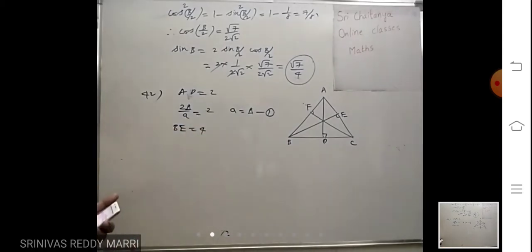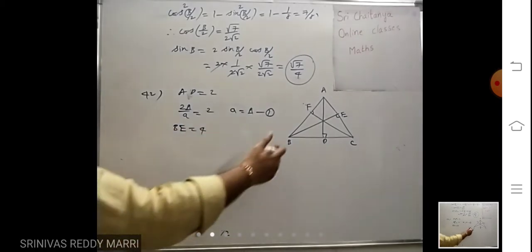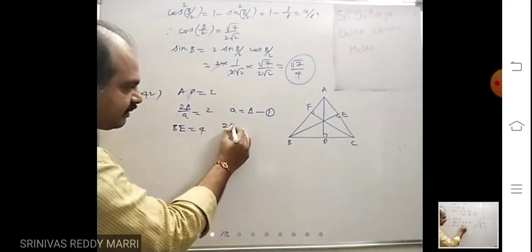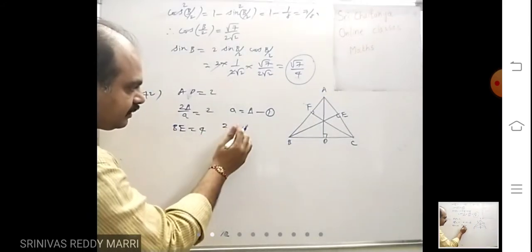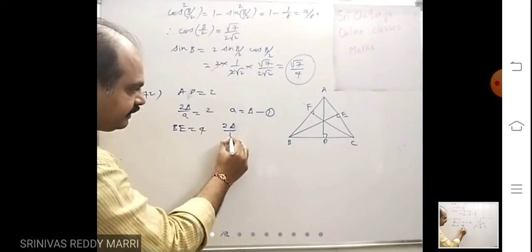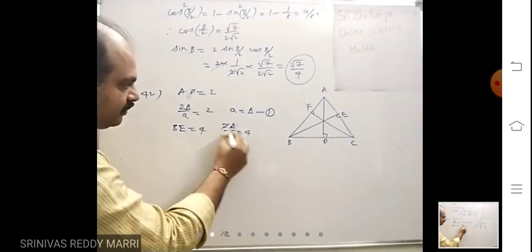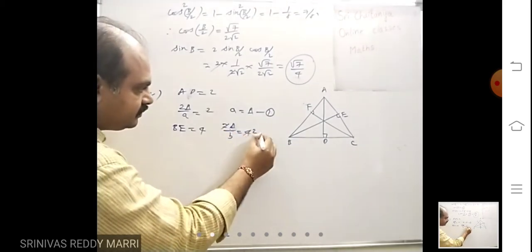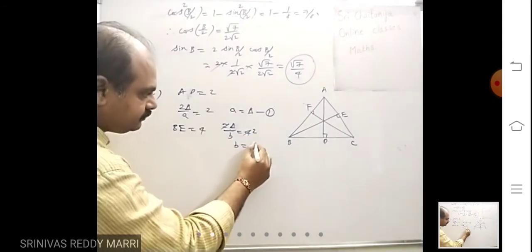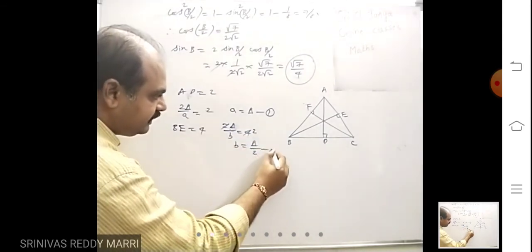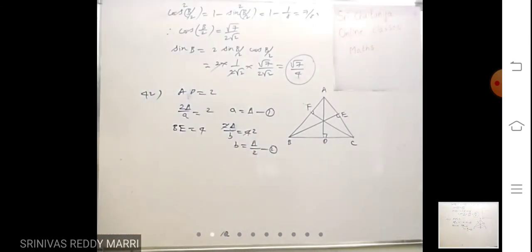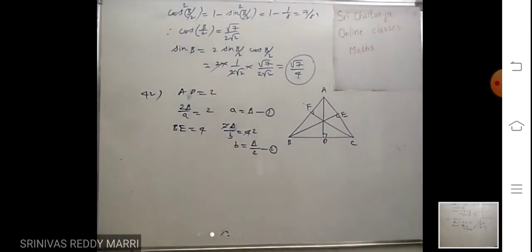The formula is 2 delta divided by B, which is nothing but 4. So B equal to delta by 2. Let us say that is the second equation.